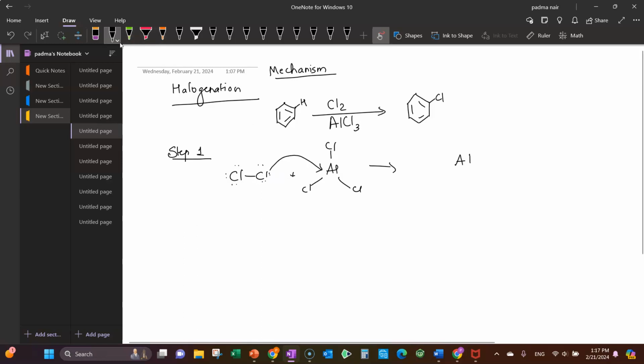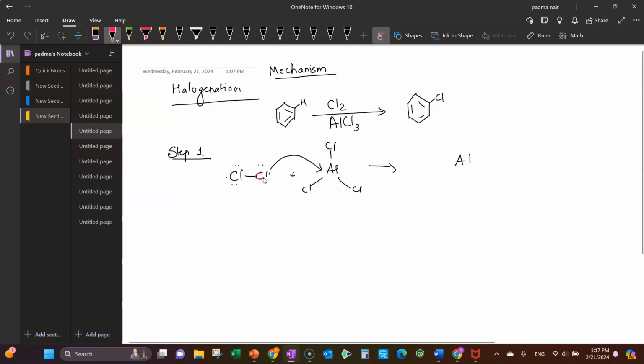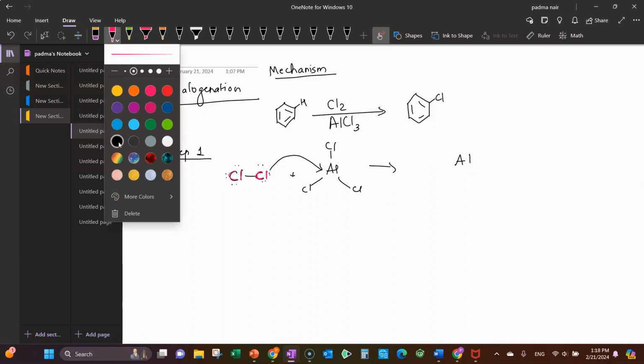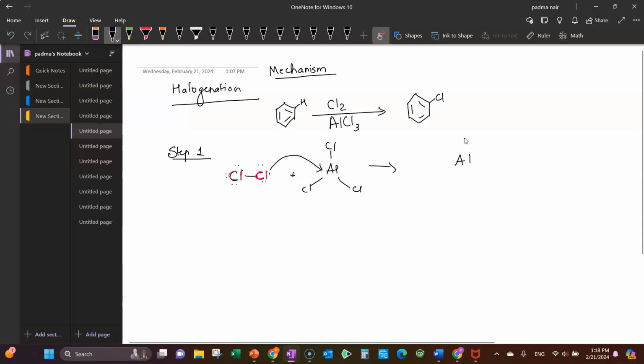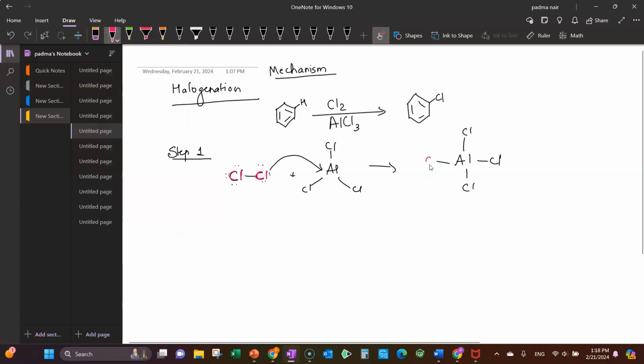Okay, so maybe we can use color here. I'm going to identify this chlorine with a different color, right? Now I'll keep these chlorines intact, which were the original chlorines on aluminum. And then we have a new bond that is formed between aluminum and the chlorine here.